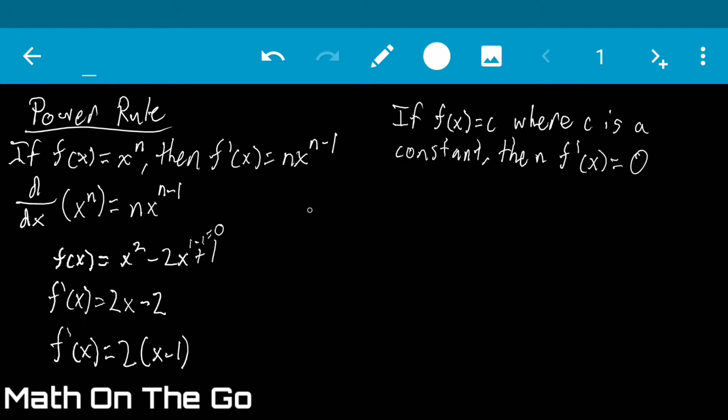We have, say, f of x equals 12x cubed plus 14x squared minus 2x plus 1. All right, so we have f prime of x.